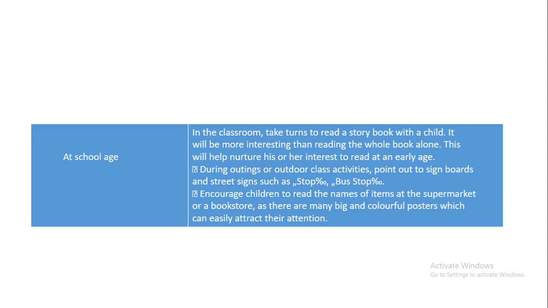During outings or outdoor class activities, point out signboards and street signs such as stop, bus stop, etc. And encourage children to read the names of items at the supermarket or a bookstore, as there are many big and colorful posters which can easily attract their attention.